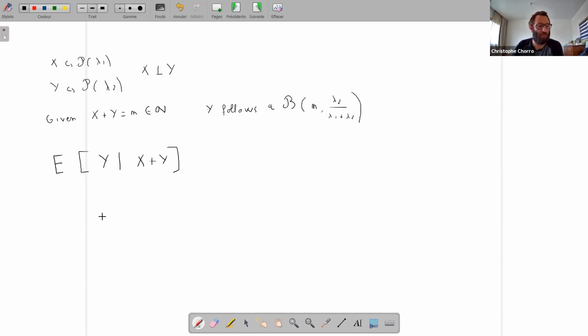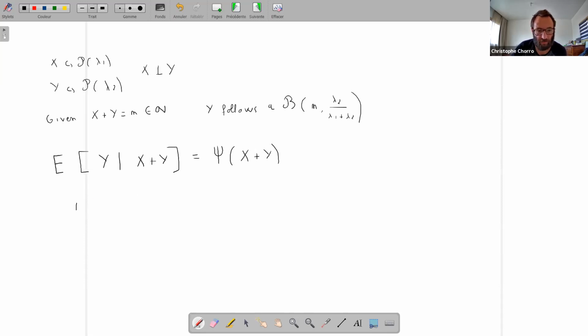So let's do the job. From the previous definition, I know that this is a function of X plus Y, the random variable used for the conditioning.